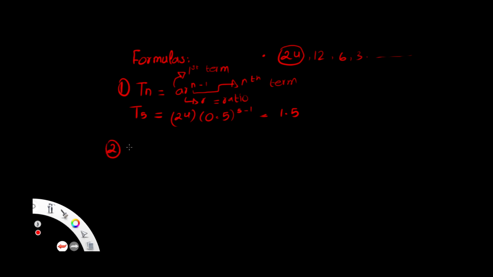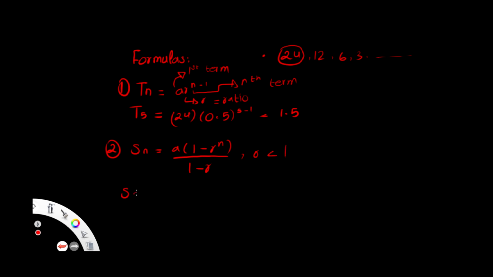Now if I want to calculate the sum, the formula for the sum is a(1 minus r^n) over (1 minus r), where r is less than 1.